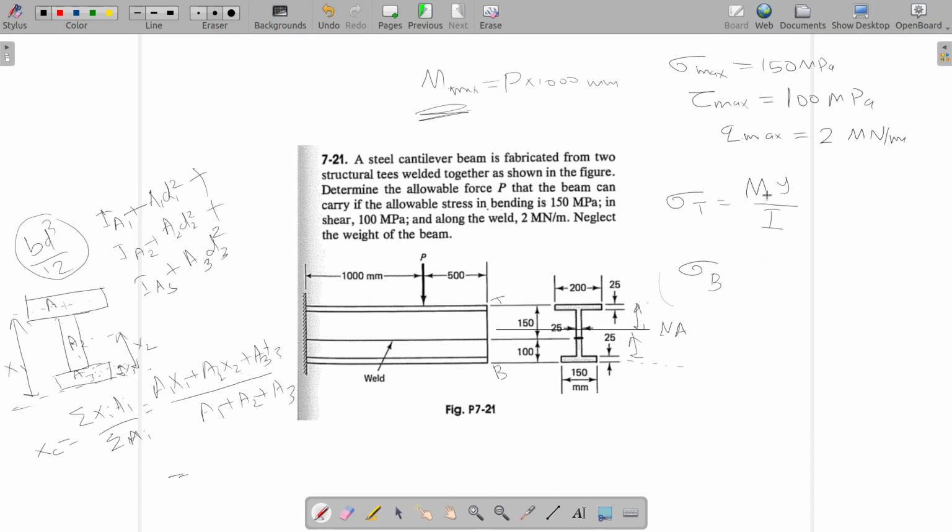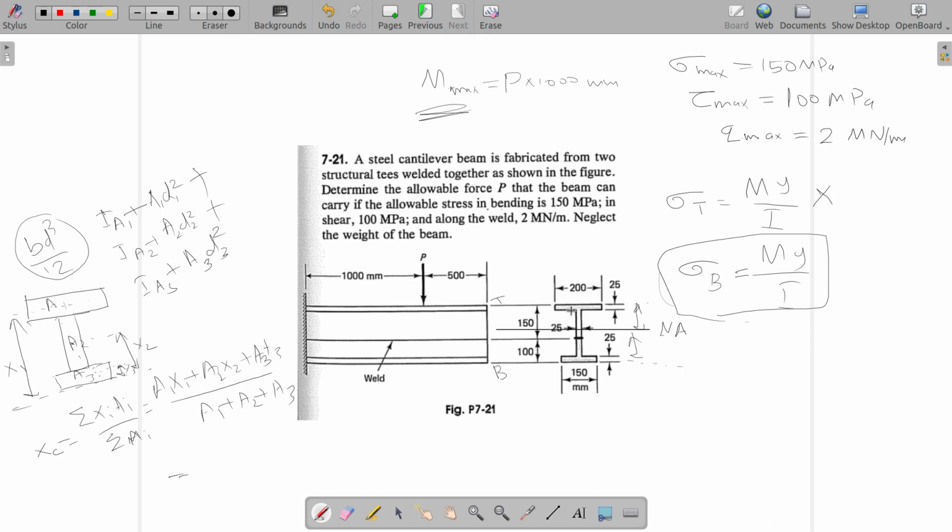That depends on the value of M by I into Y, and M is the same for both, I is the same for both, and the only quantity that varies is Y. Sigma B will have the bigger value of Y, and hence this is the quantity we are interested in, not sigma T. So this is something you will figure out once you calculate the centroid of the neutral axis.